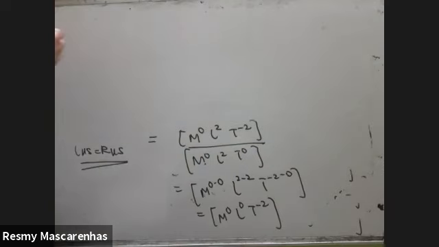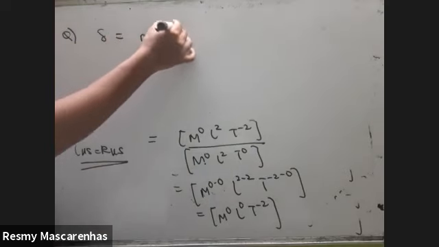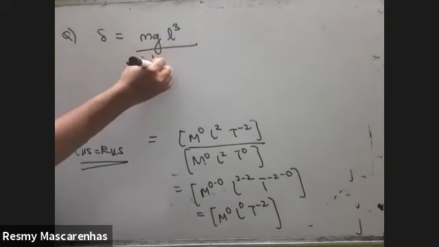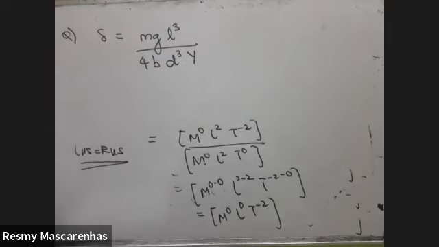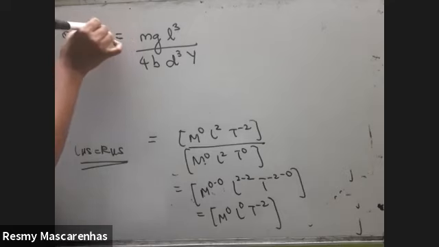Next one. This one it will be 4 b d cube y. This sign is called delta.